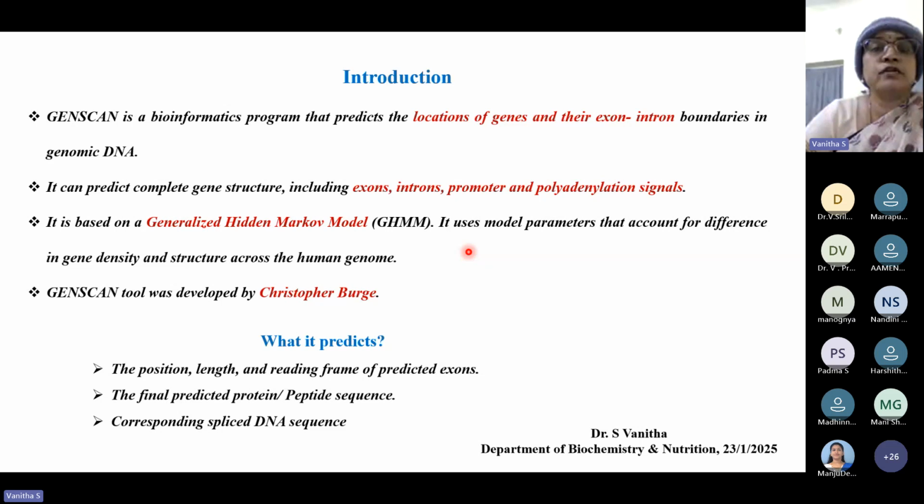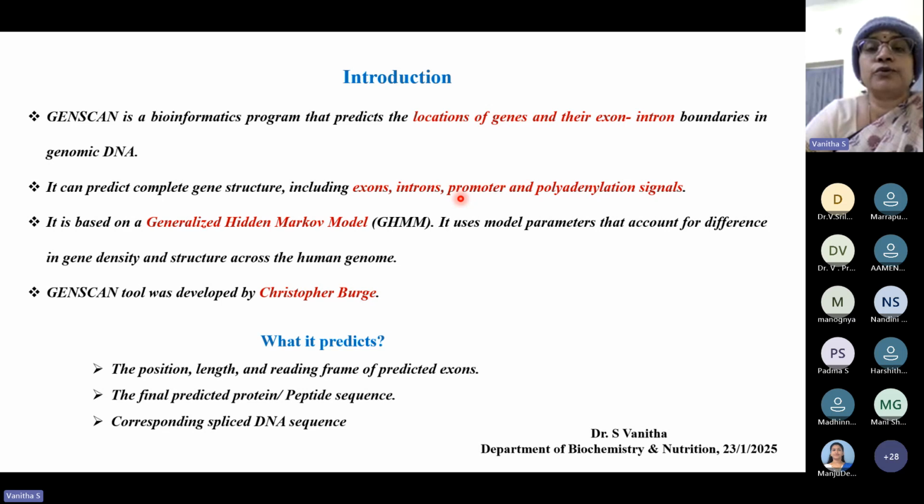Coming to the tool we can use to locate the genes and the exons and introns, where it will start, where it will end, all those things: we have a bioinformatic tool called Genscan, and it will predict the location of genes and their exon-intron boundaries on the genomic DNA. It can predict the complete gene structure that includes exons, the coding sequences, and introns, the non-coding sequences.